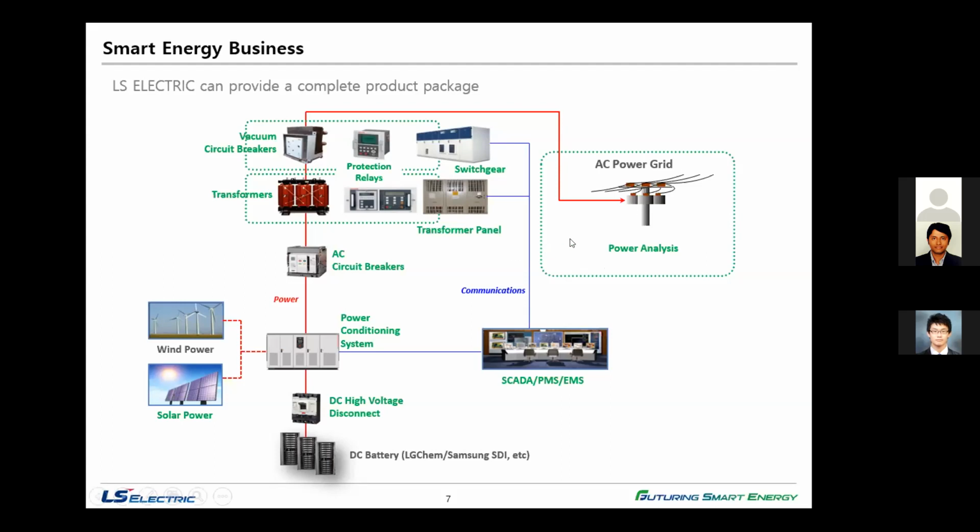The AC power comes from the grid through vacuum circuit breakers, which we call medium voltage switchgear, and the transformer panel through the low voltage. Up to here is AC. You need to charge this battery by PCS, which converts from AC to DC to charge the battery.